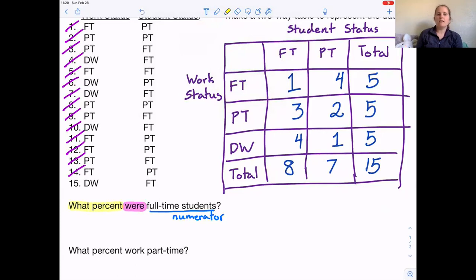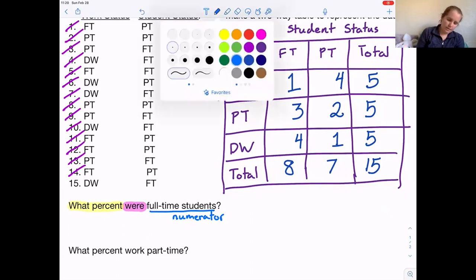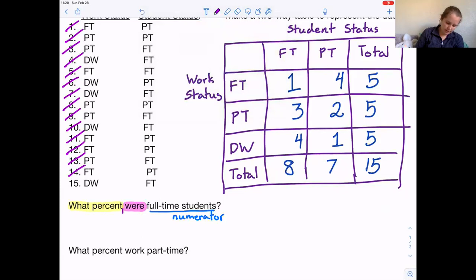I didn't say of students, but it presumably would be what percent of the students in the study. So since I didn't specify, it's just out of everybody. So that's our denominator.